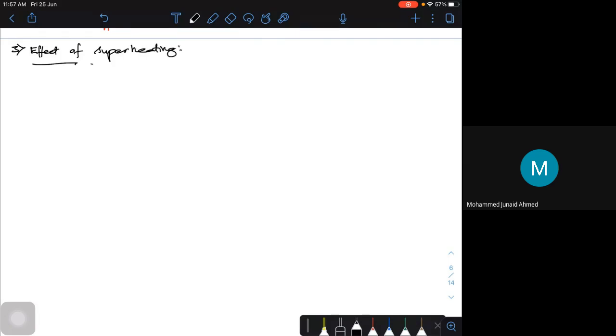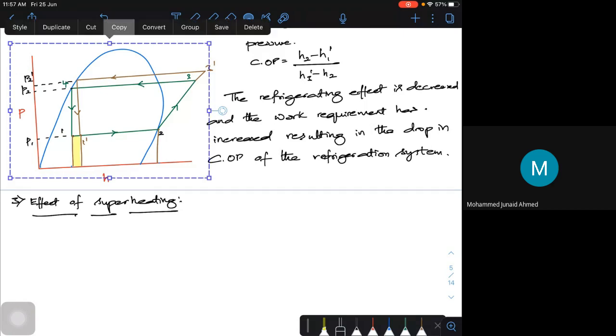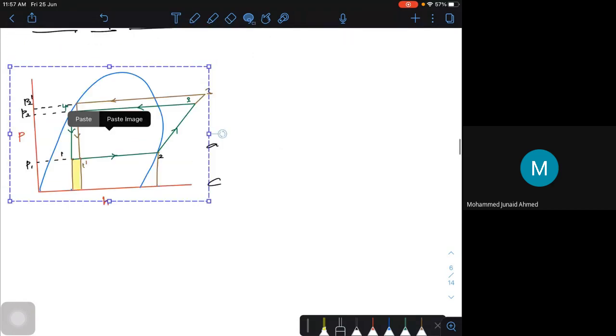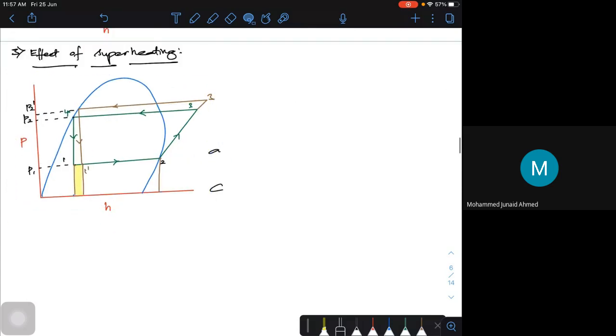Let us try to put the pH chart for this also. Already I explained this in my regular lecture, but still I am trying to explain it separately. So here, what will happen?